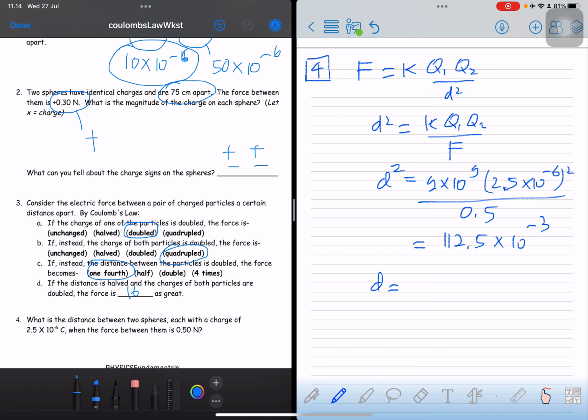Then we take the root of D squared, something like 0.1125, and the root is about 0.33 meters. Or if we use centimeters, it is about 33 centimeters. Okay, I think it makes sense. That's it.